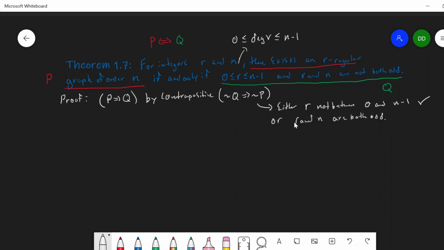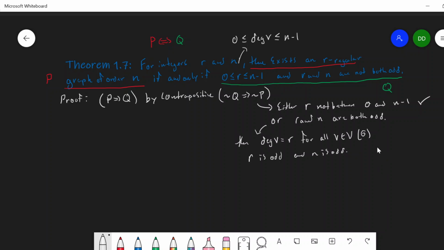Remember, R is the degree of every vertex. So degree of v equals R for all v in the vertex set of G. R is odd, and n is odd.